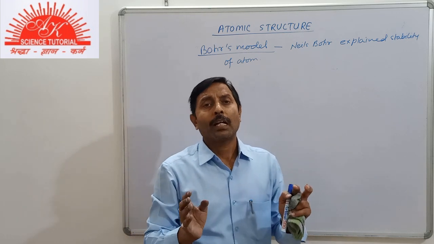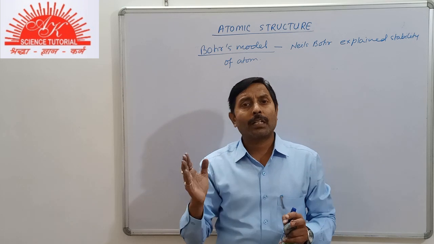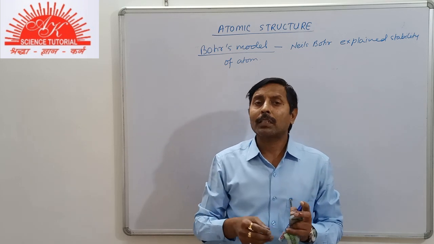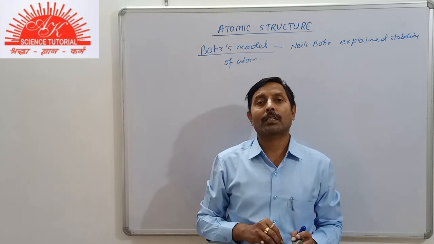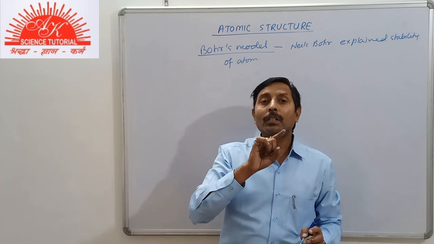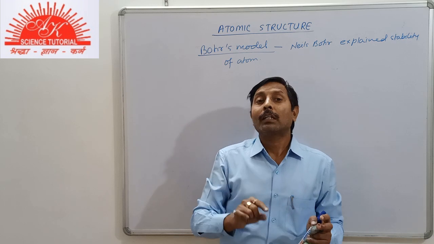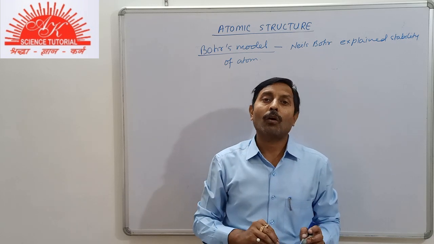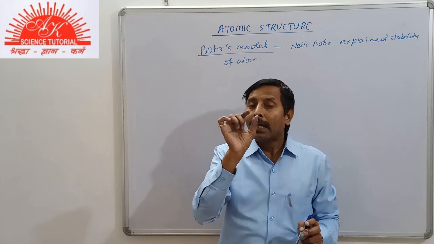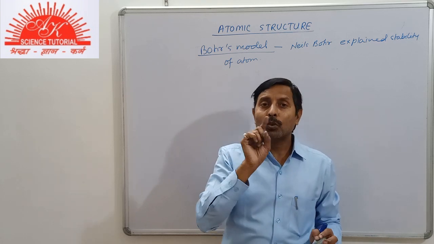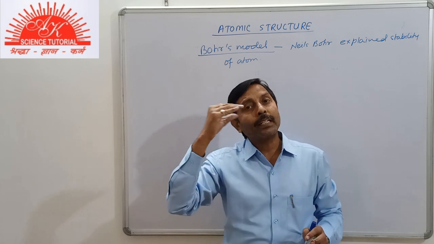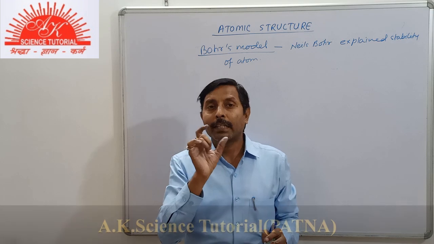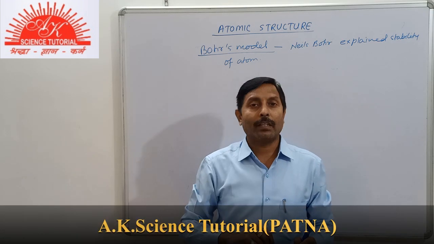There was no change. The major part of an atom is empty. Total positive charge and mass is situated in the center called the nucleus. Electrons revolve around the nucleus in definite circular paths called orbits. Each orbit is associated with a definite amount of energy. Hence, they were called shells or energy levels.